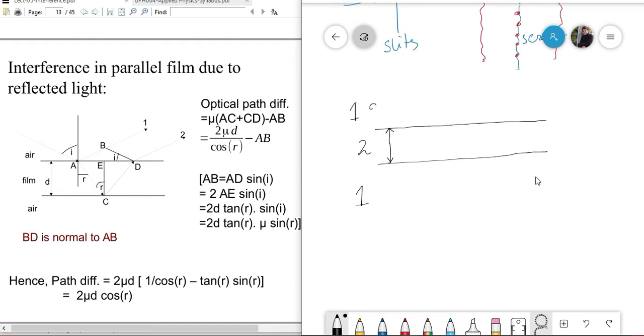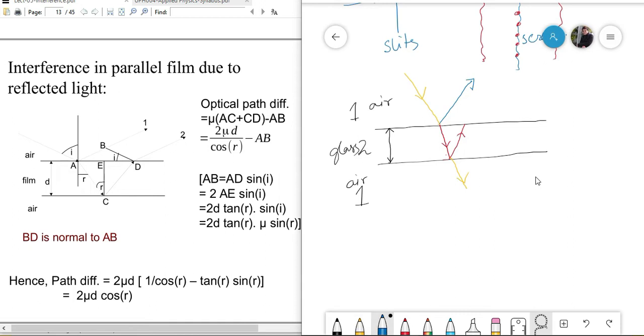This could be air, this could be, let's say, glass, and again air. When a light ray falls on this surface, one part of it of course gets reflected and another part gets transmitted. Then again, this transmitted ray, when it comes to this interface, one part of it gets reflected and another part gets transmitted again.